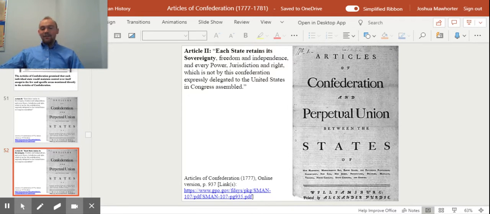And it goes on that every power, jurisdiction, and right which is not by this confederation expressly delegated, meaning if it is not clearly written down in words and sentences in this contract, in this document to which the states agreed, then the power is the states alone.